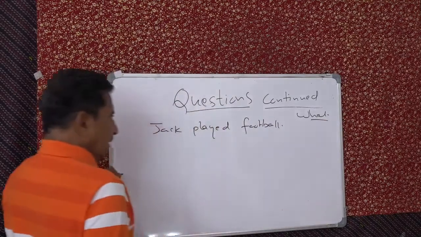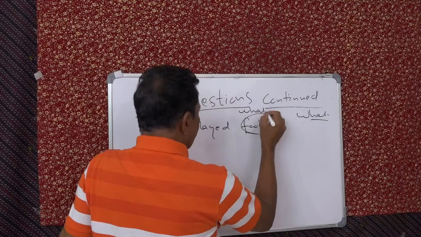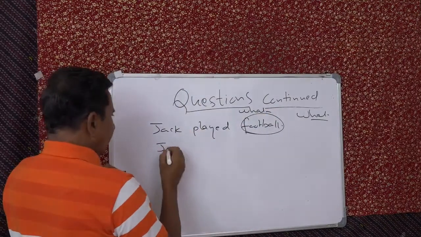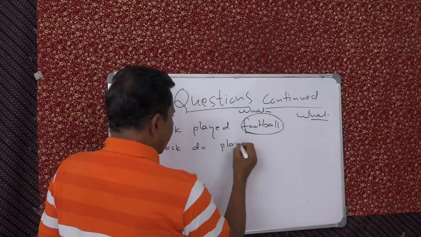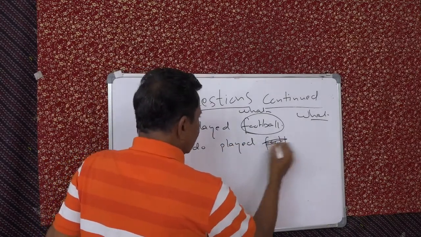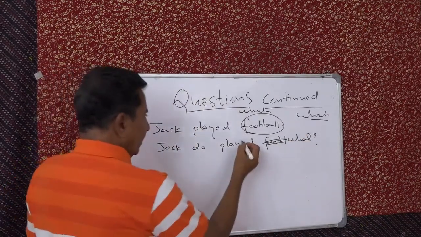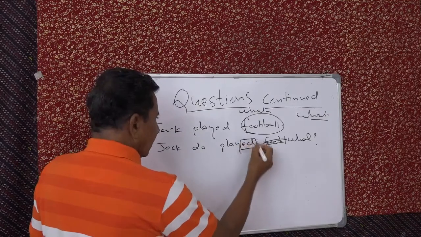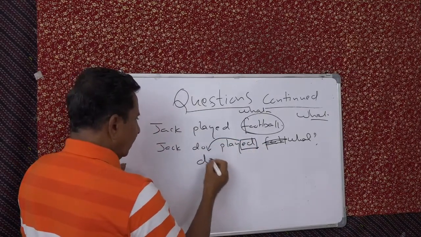So instead of this, Jack do played football. What? Do played, the tense marker here is shifted to do. Then do will become did.